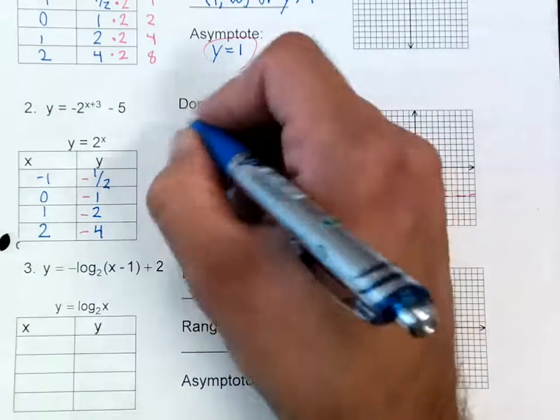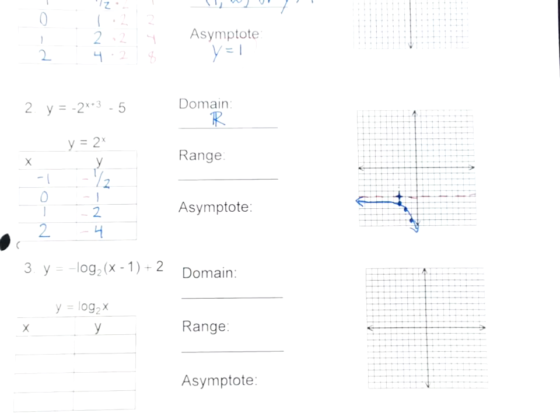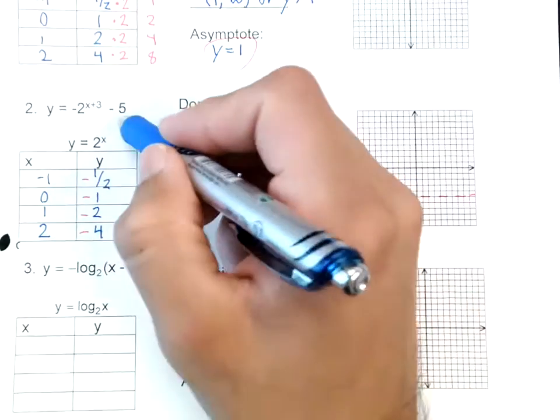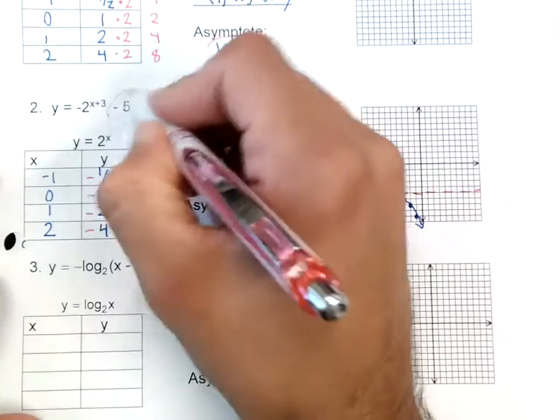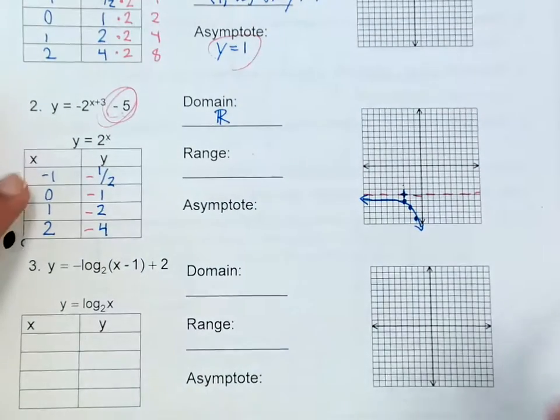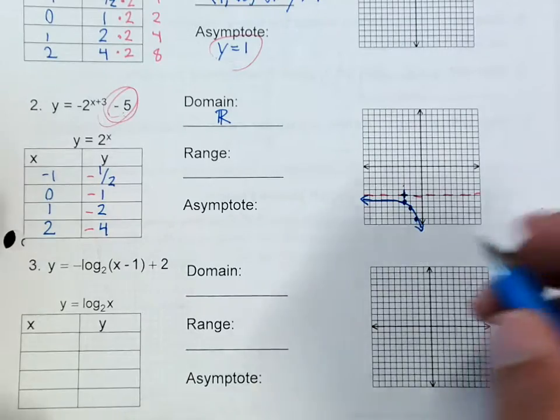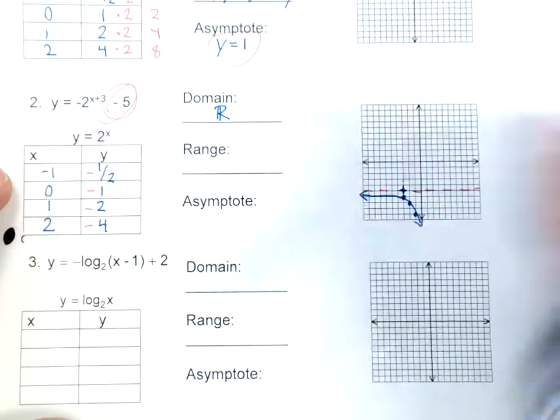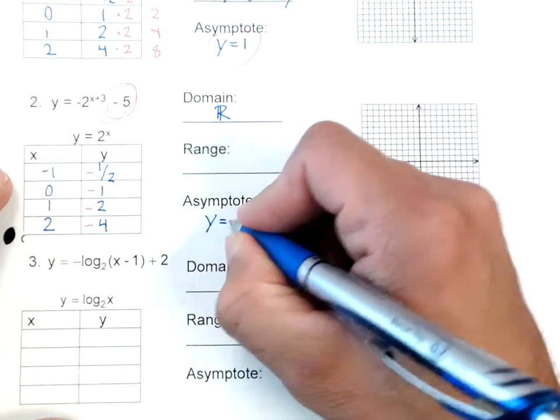My domain is all real numbers. My range, what's the highest point? Right, negative 5. The highest point in this would be negative 5 without including that. Okay, so let me write this is my asymptote. Y is equal to negative 5.